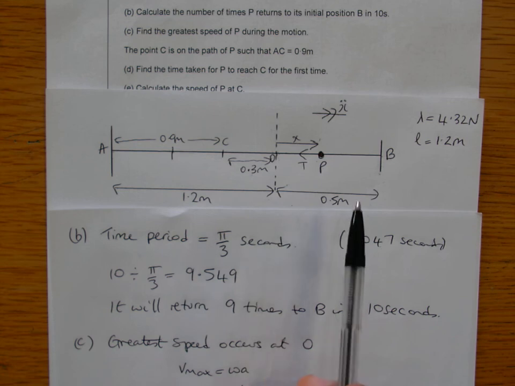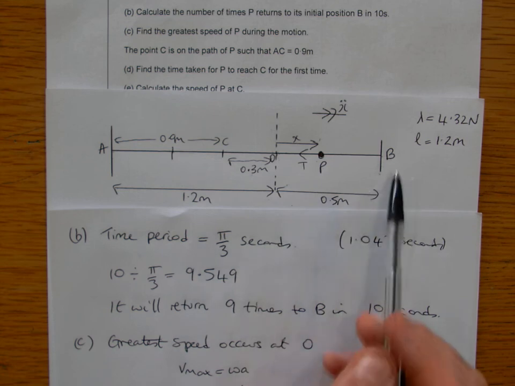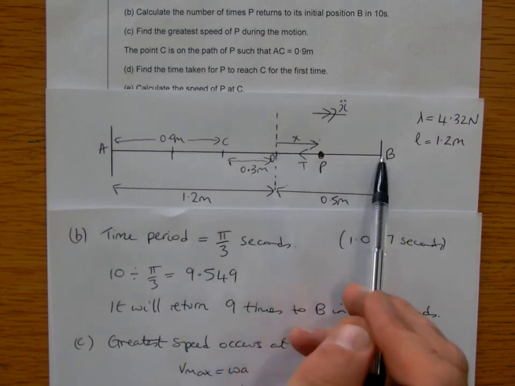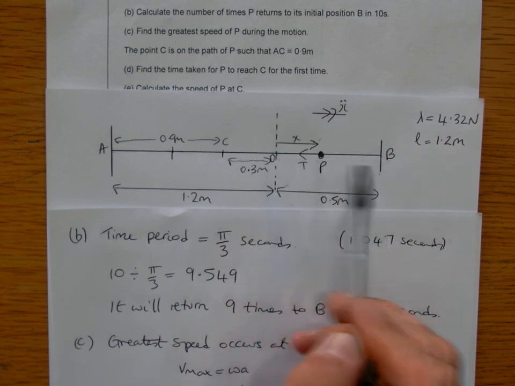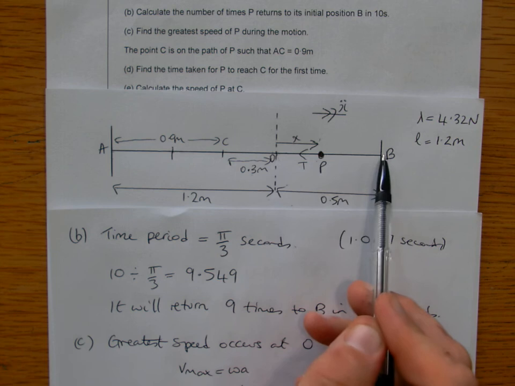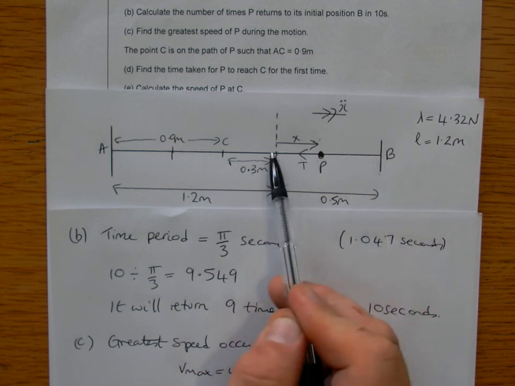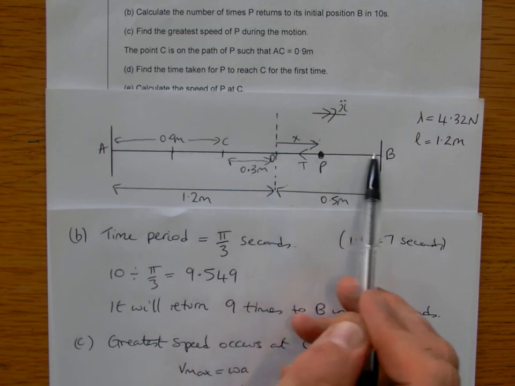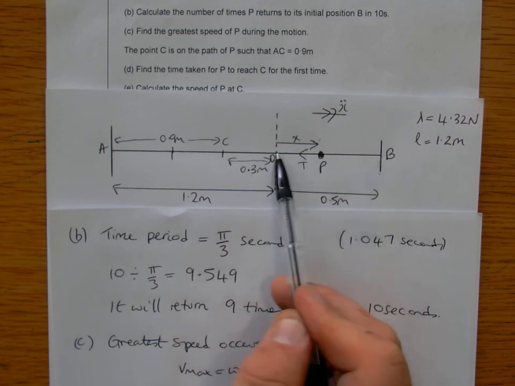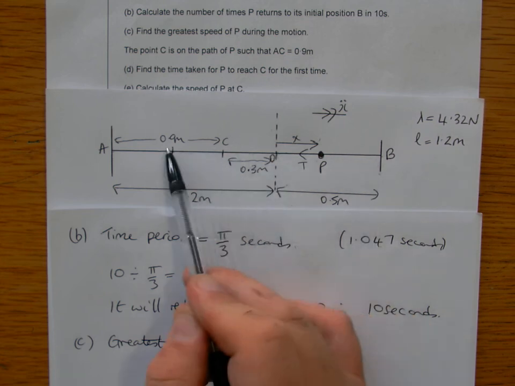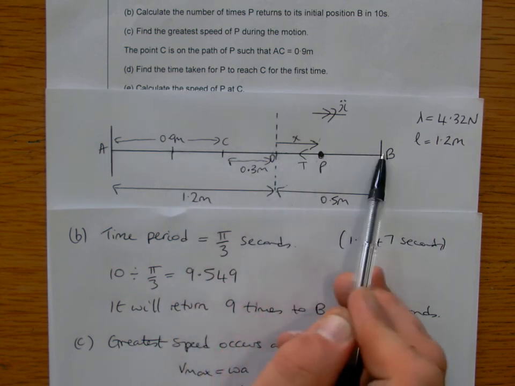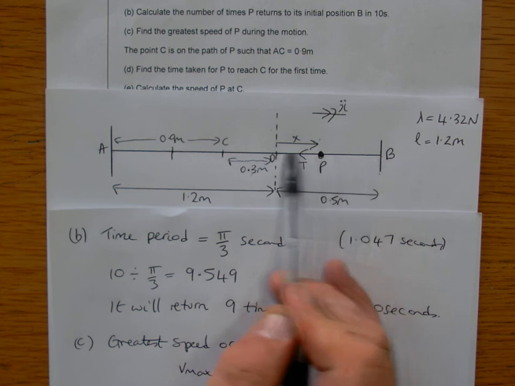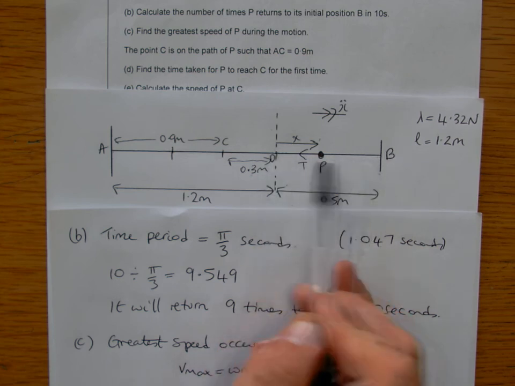Or another way, think common sense about it. To get from B to O is actually a quarter of the oscillation, if you think about it logically, because to get from B to O is like the amplitude. You've got the amplitude again, you've got the amplitude again, you're back to B. So that journey from B to O is 1/4 of the journey.